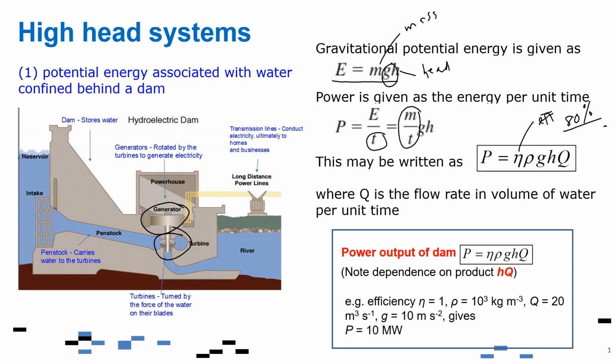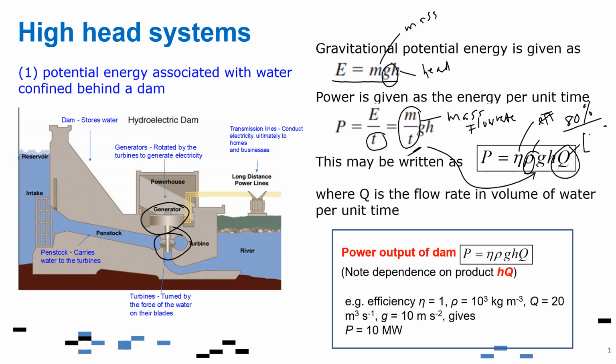Then the rho here, so rho g h, you can see rho and Q. So rho Q is in fact the mass flow rate. Rho is the density of the water, and Q is the volume flow rate.